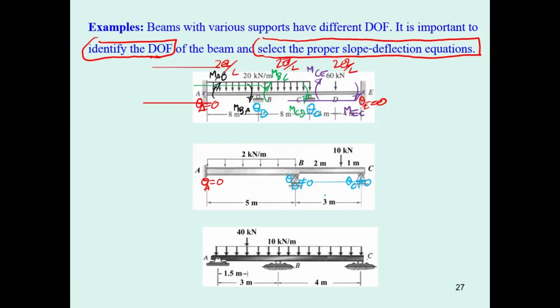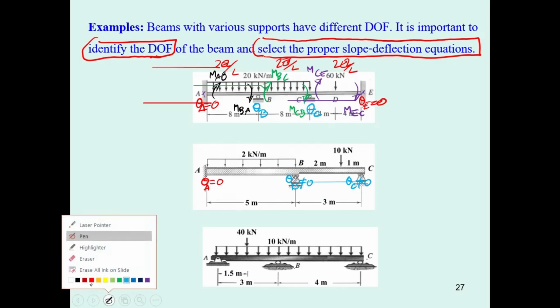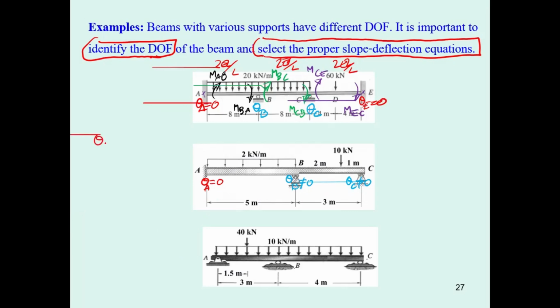But on this one, if you would like to have both theta B and theta C, you are required to use the equation for the two members to be 2EI over L and 2EI over L.